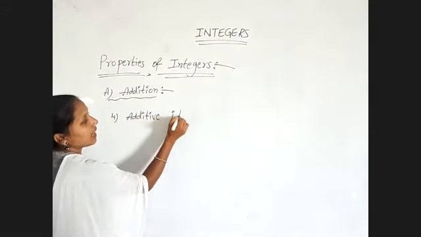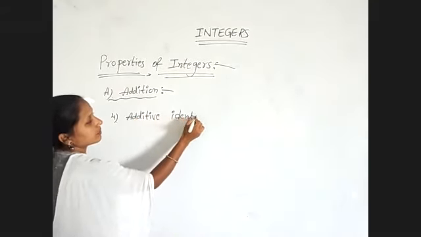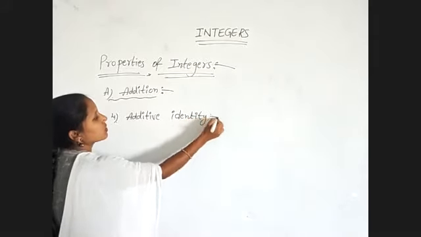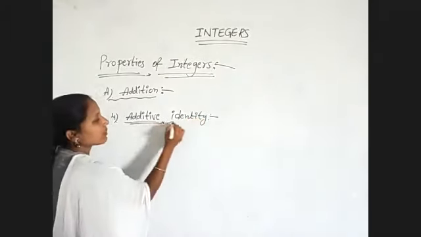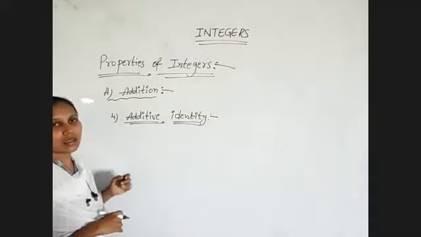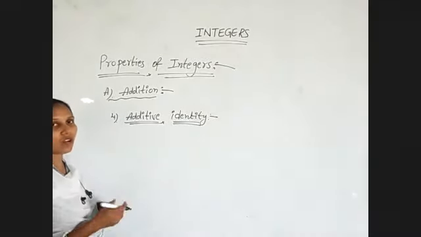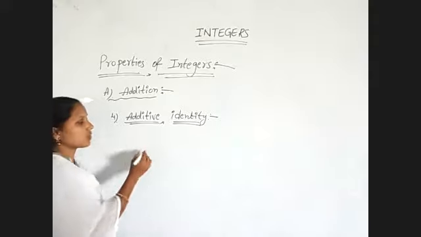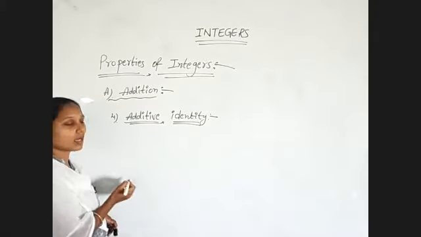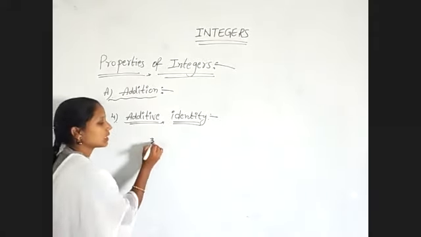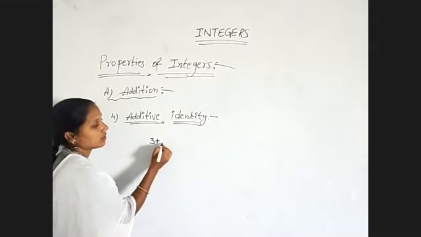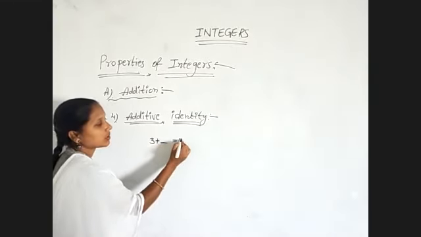Additive identity. So what is the additive identity element of whole numbers? 0 only. So how will I explain? Just observe. First I am checking for whole numbers. 3 plus dash is equal to 3.